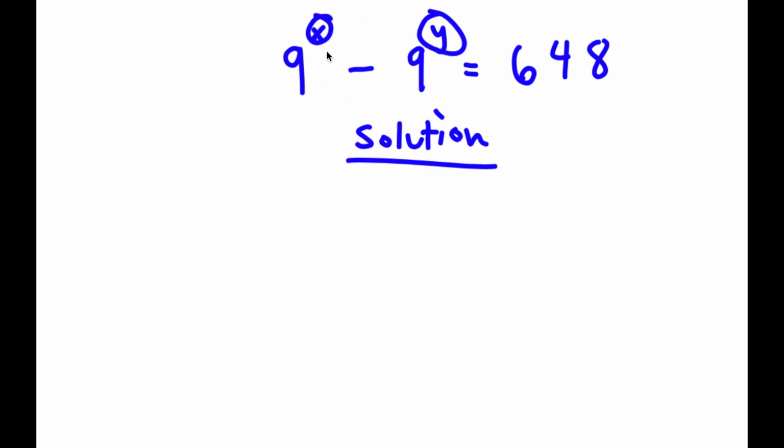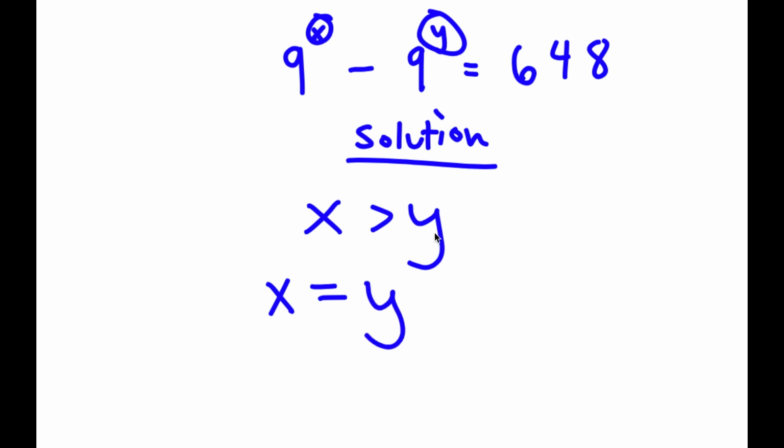So obviously, just from looking at it, we can state that x is going to be greater than y, because if x was less than y, then our solution to this equation would be negative, and it's positive, so x is greater than y, meaning that we can say that x is equal to y plus some number k.